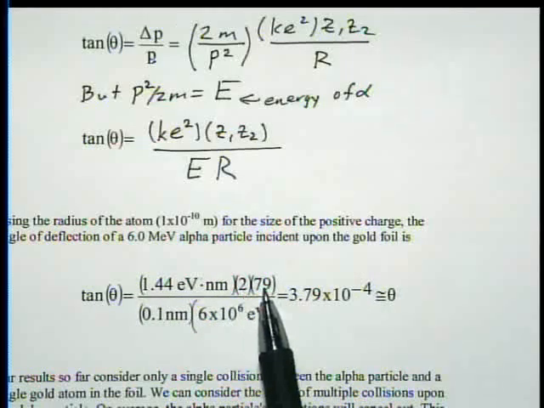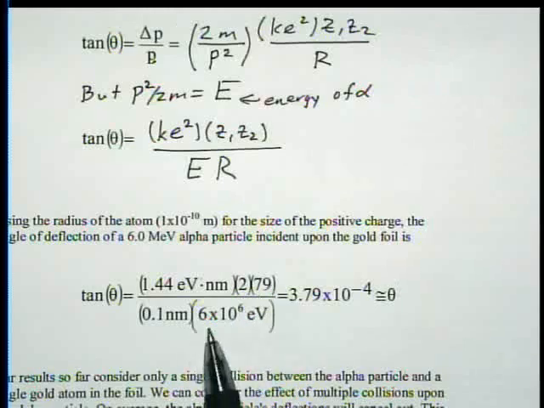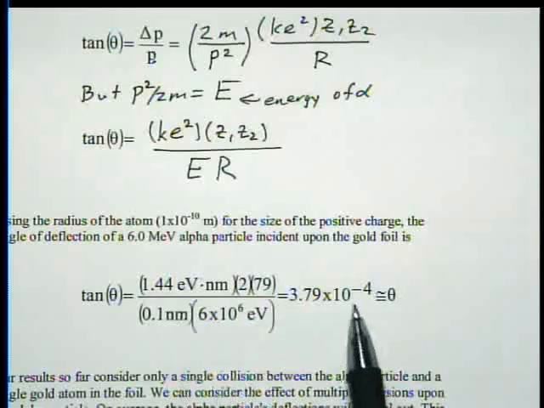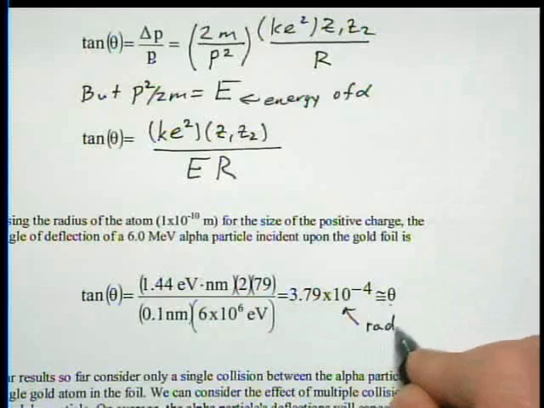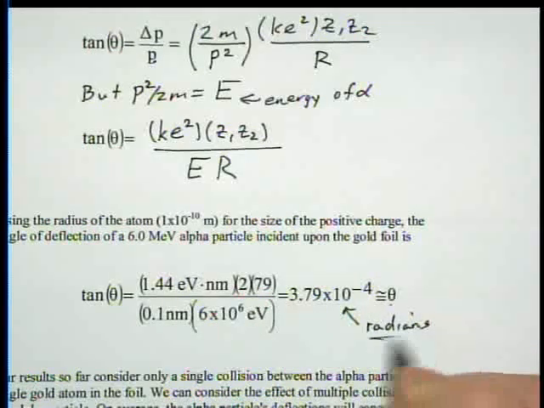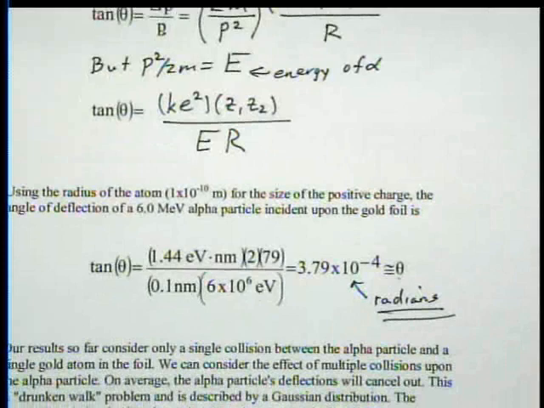Gold's mass is 197. Its atomic number is 79. You should know that. There's the energy. Put those in. Here's what I come up with for an angle. The tangent is 3.79 times 10 to the minus 4. That's small. So that's the angle in radians. And that's an overestimate.